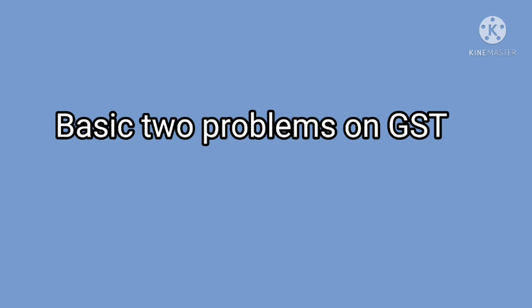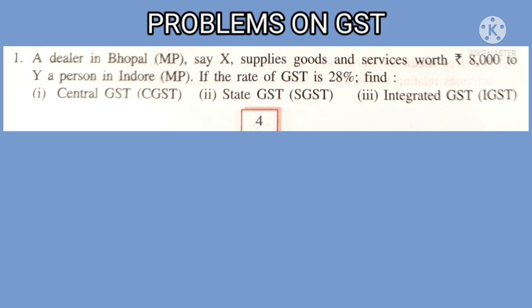Now I will solve two basic problems on GST to show you how GST acts in our daily life. So first one is: a dealer in Bhopal, say X, supplies goods and services worth rupees 8,000 to Y, a person in Indore, MP.